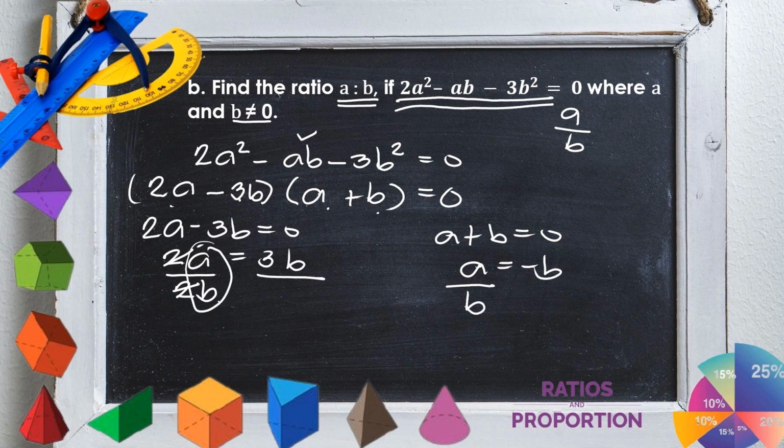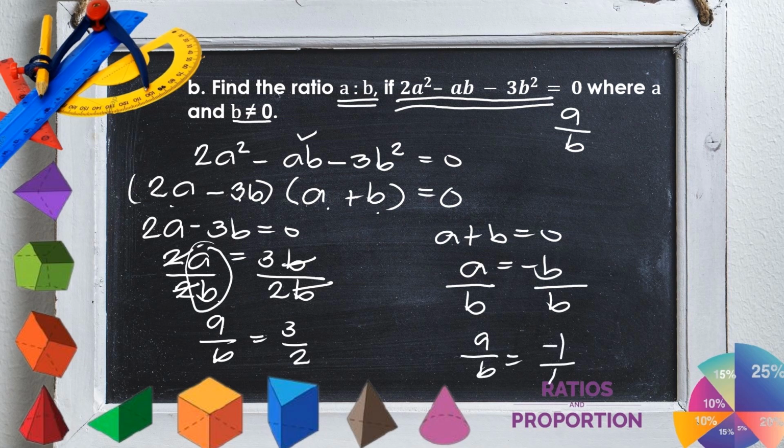What you did on the first side, you have to do also on the other side. So, you have to divide by 2b, then over b. If we get its lowest term or cancel b, a over b is equal to 3 over 2. And you have a over b is also equal to negative 1 over 1.